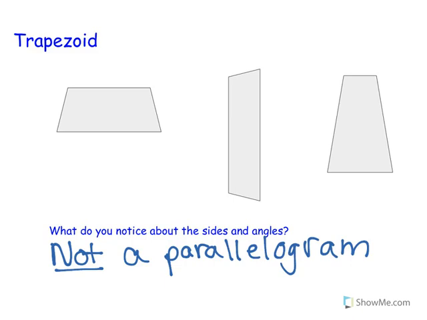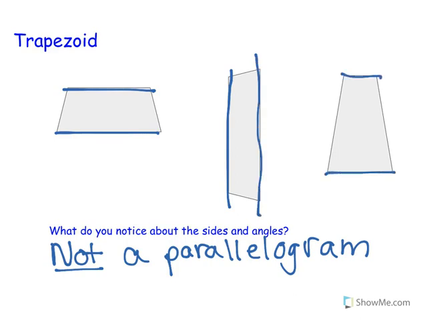Sounds like we're not sure. A parallelogram, I know all sides are parallel, right? Yeah. Okay, when I look at a trapezoid, it does have one set of parallel lines. Each of these trapezoids do.